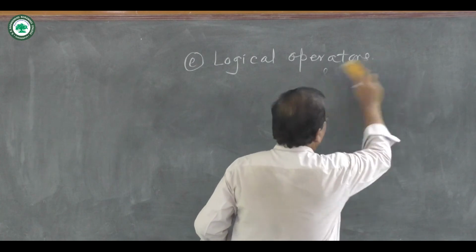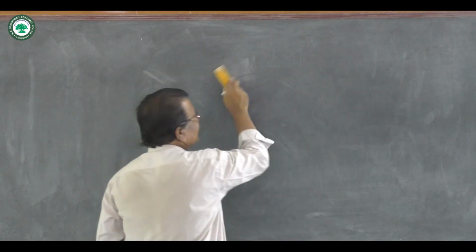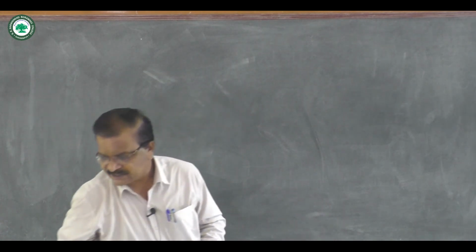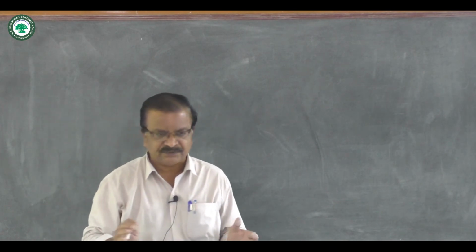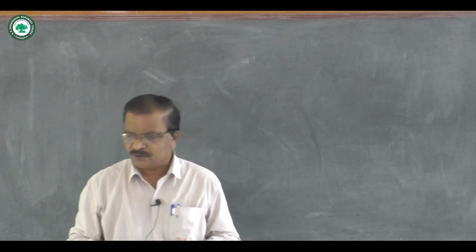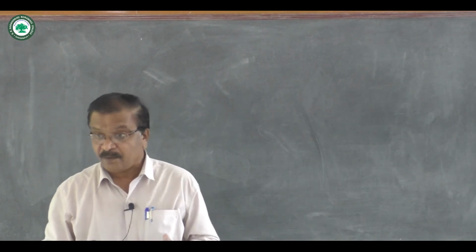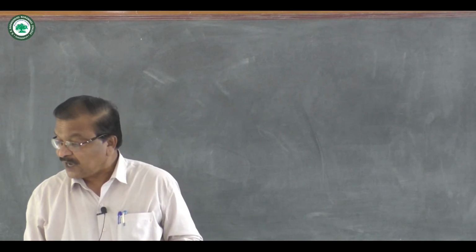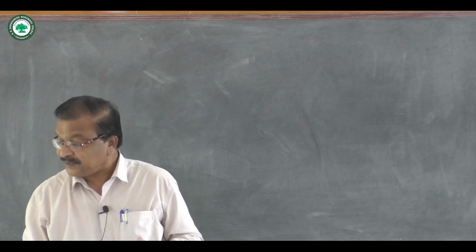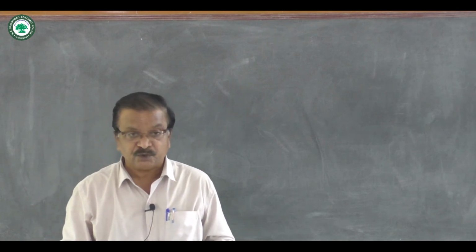Now what we are going to see is one summary of these operators which we have discussed so far. So the hierarchy of operator precedences covering all the operators discussed so far, I am going to summarize in a table from highest to lowest.